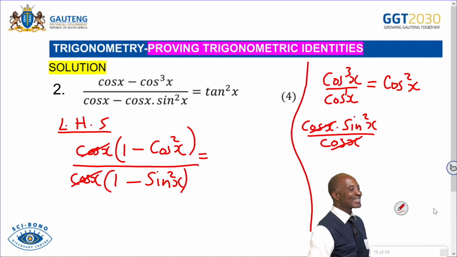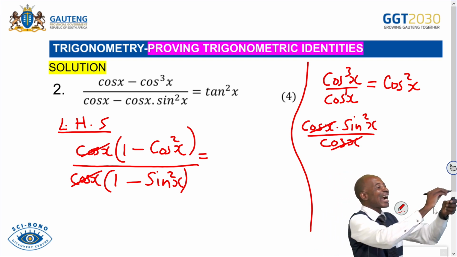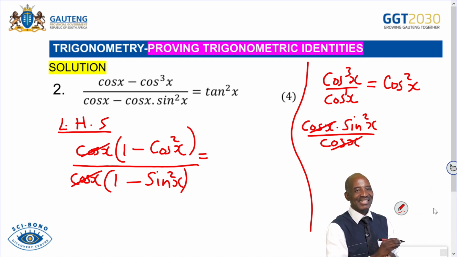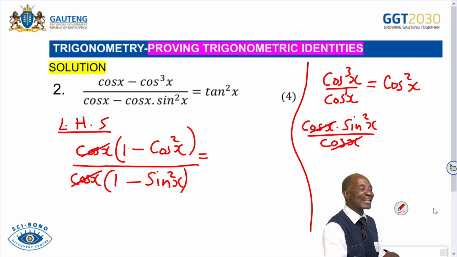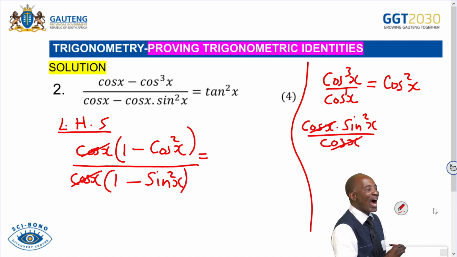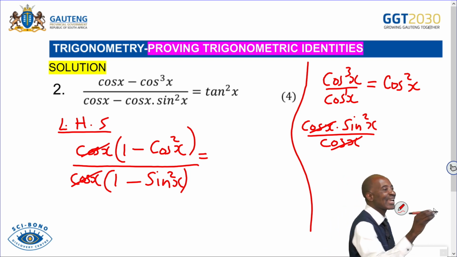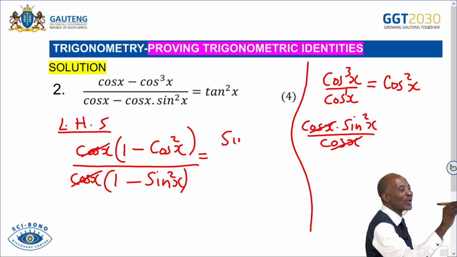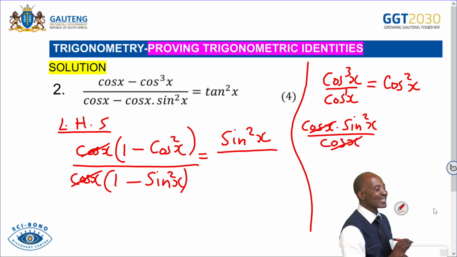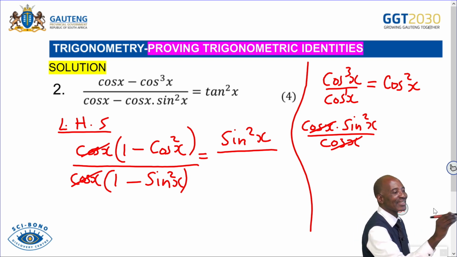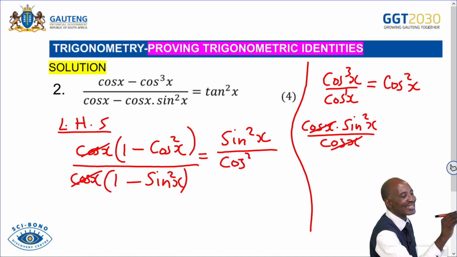This is very interesting because they come from the square identities. This is your three variations of the square identity. Where I see 1 minus cos squared x, I can write sine squared x. By now, you should be in a position to realize that. Where I see 1 minus sine squared x, this is my cos squared x.